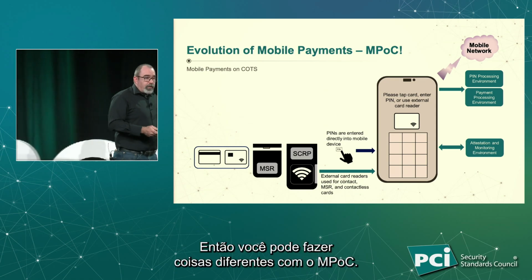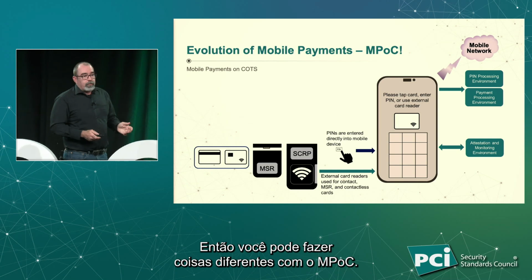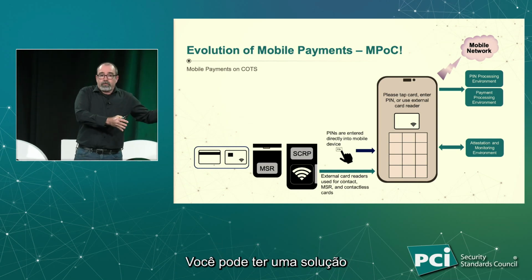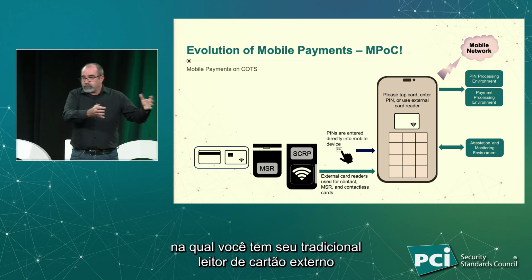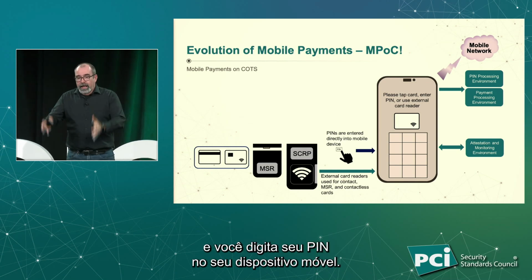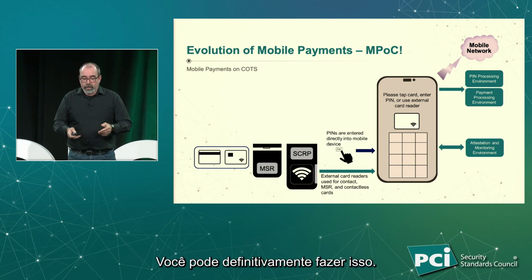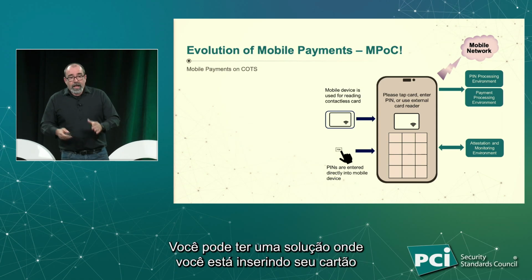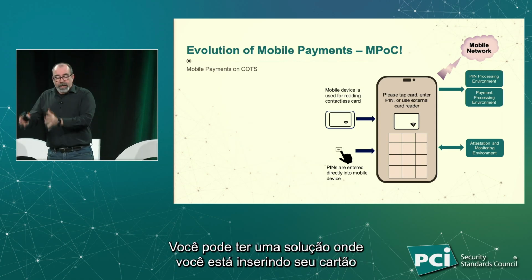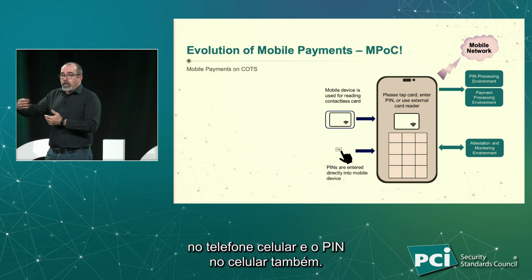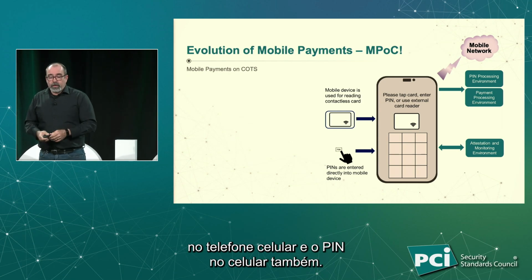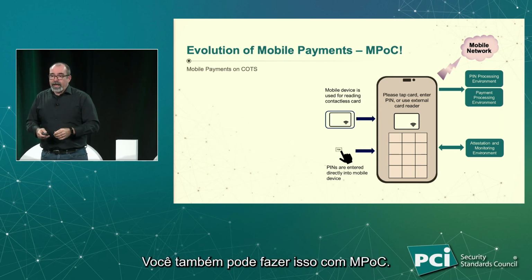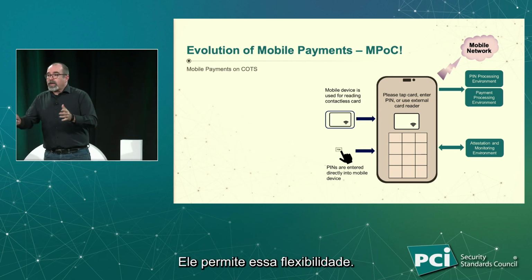So you can do different things with MPOC. You can have a solution where you have your traditional card reader externally and you enter your PIN on your mobile device. You can definitely do that. You can have a solution where you're entering your card on the mobile phone and the PIN on the mobile phone as well. You can do that with MPOC as well. It allows for that flexibility.